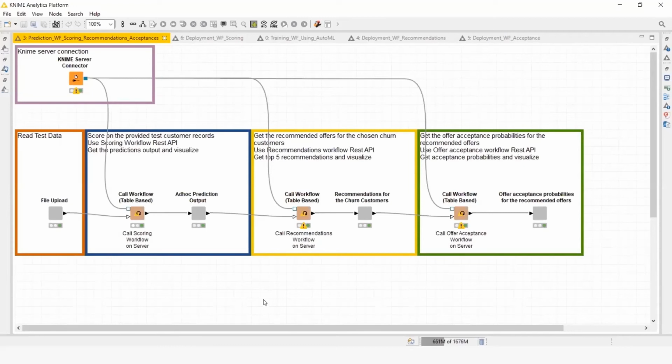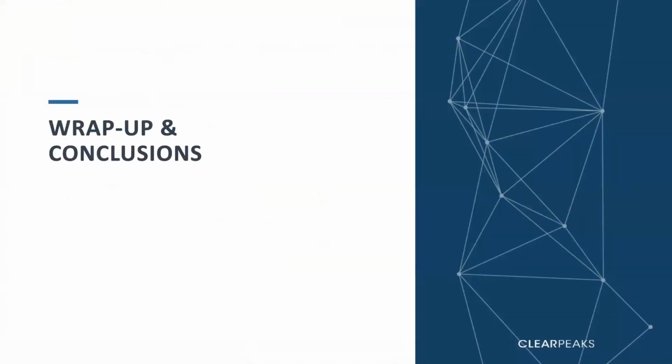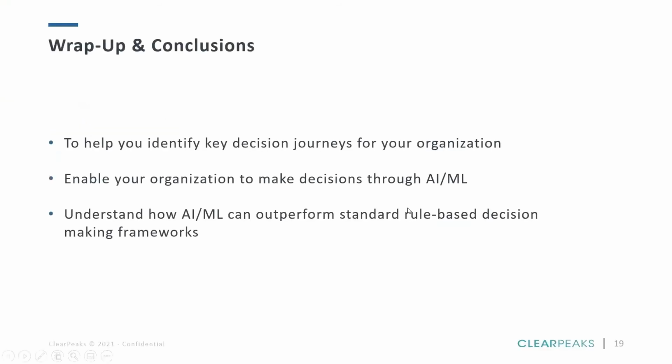With that, I'd like to go back to the slide and quickly talk about the wrap up and conclusions. So first thing first, what we have seen today is identifying key decision journeys for your organizations and for your customers. And once we understand the decision journey, we can identify which are the data points or insight points that we would require that can help us make those decisions easier.